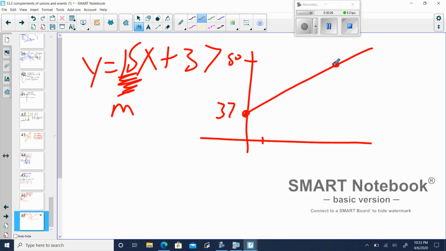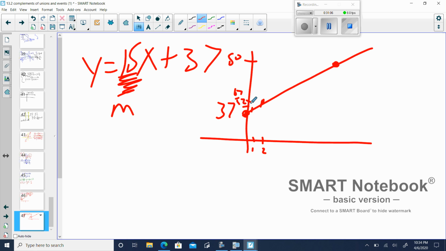So after 15 seconds, we have, say, 1 chirp, mx plus b, so 1 chirp in 15 seconds, 15 plus 37 is 52. All right, so 2 chirps, 30, 30 plus 37, 67. Right there. All right.